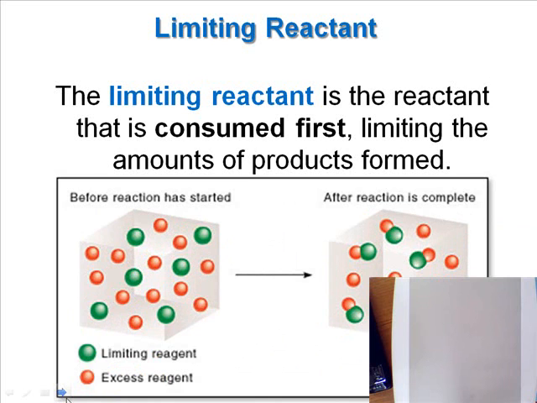You'll notice that on the left in that box we have 2 reagents, the green one and the red one. You can think of them as molecules. So the green molecules and the red molecules are going to become connected. And when you do, on the right, you will see that all the greens are connected to red, but there are reds left over. So we will consider the red molecules to be in excess.